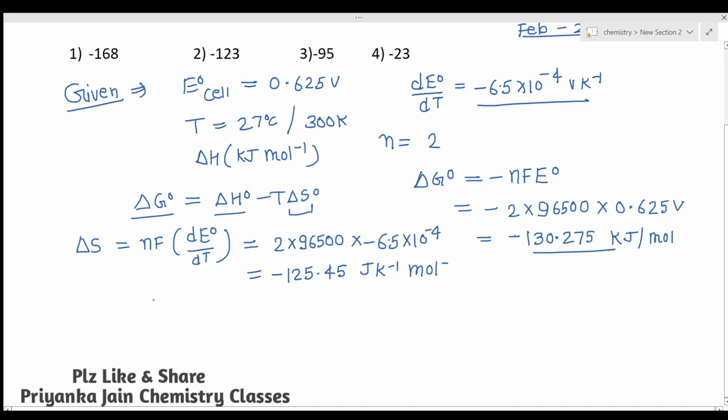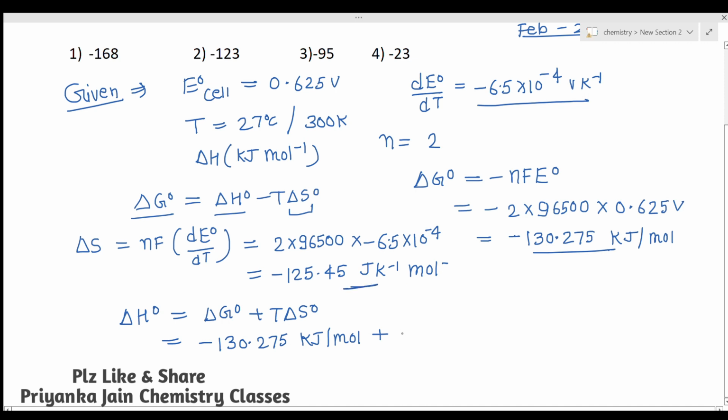Now you have to find out the value of delta H naught. Delta H naught will be equal to delta G naught plus T delta S naught. Put in the values: minus 130.275, which is in kilojoules per mole, so you will have to put the other value in kilojoules per mole also.